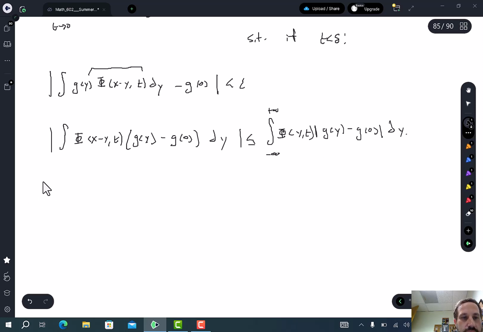Now choose a delta, which I'll call delta 1, such that the absolute value of g of y minus g of 0 is less than epsilon over 2 if the absolute value of y is less than delta 1.